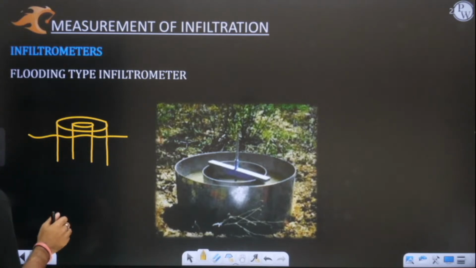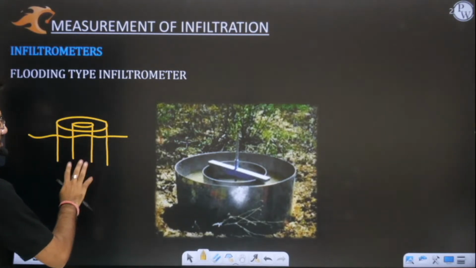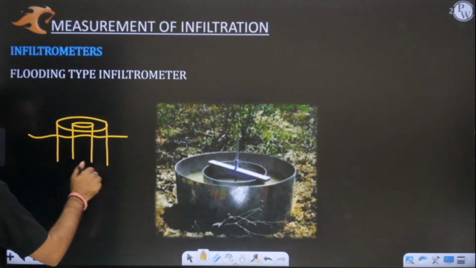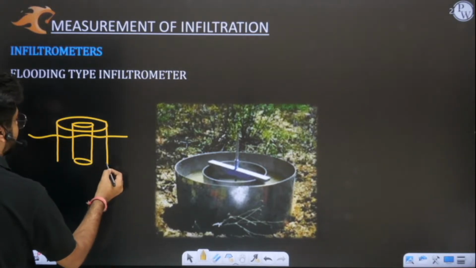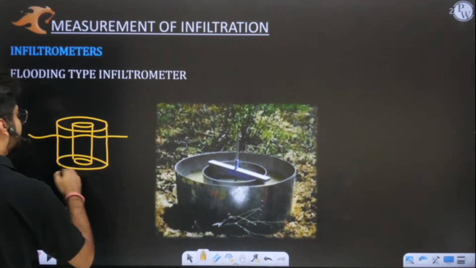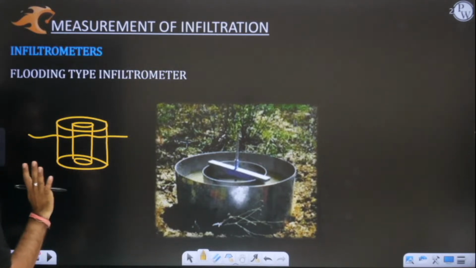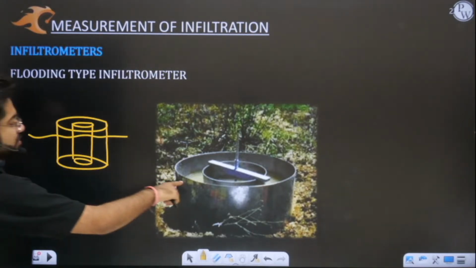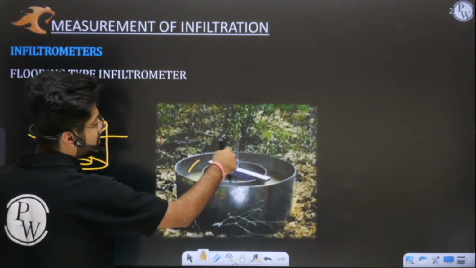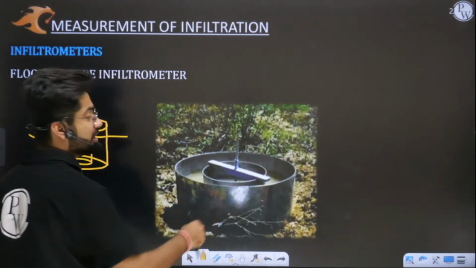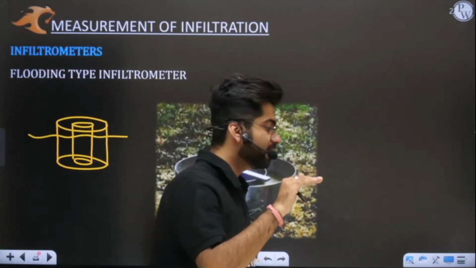This cylinder is open from the bottom. When I fill the water, they have filled the water here. Can you see this water in the diagram? We will fill the water here.